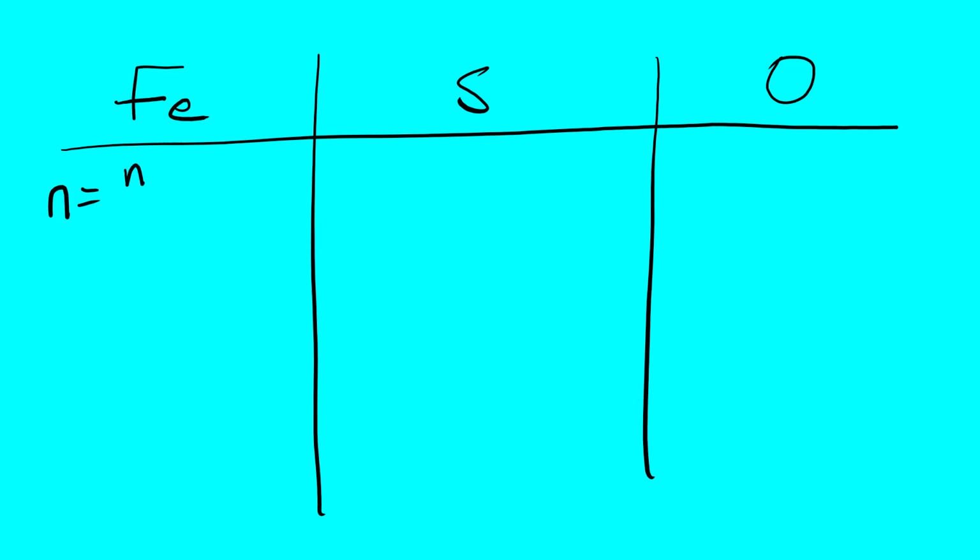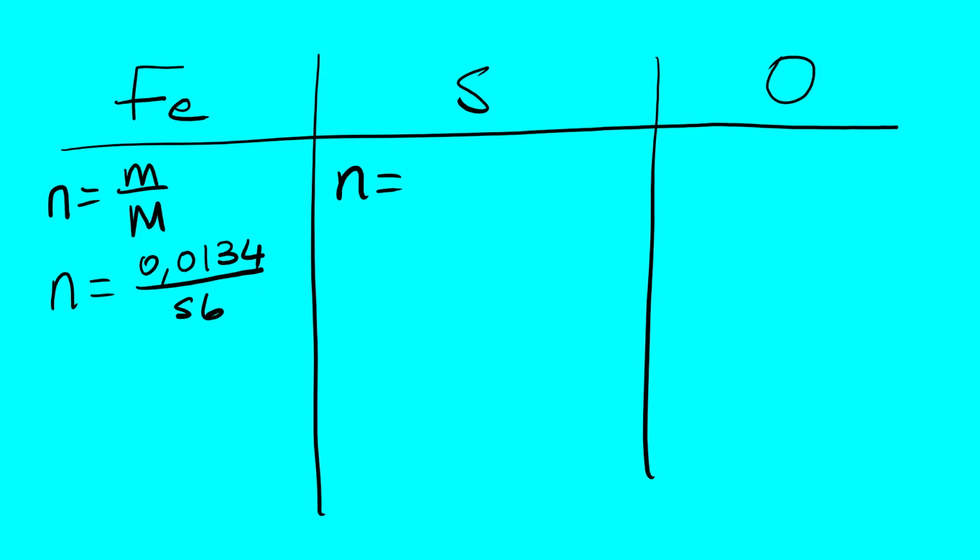So n is equal to m over M. n is equal to the mass in grams we are given, which is 0.0134, and then the molar mass. There is a lesson video on how to calculate the molar masses of compounds or elements. So the molar mass of iron is 56.